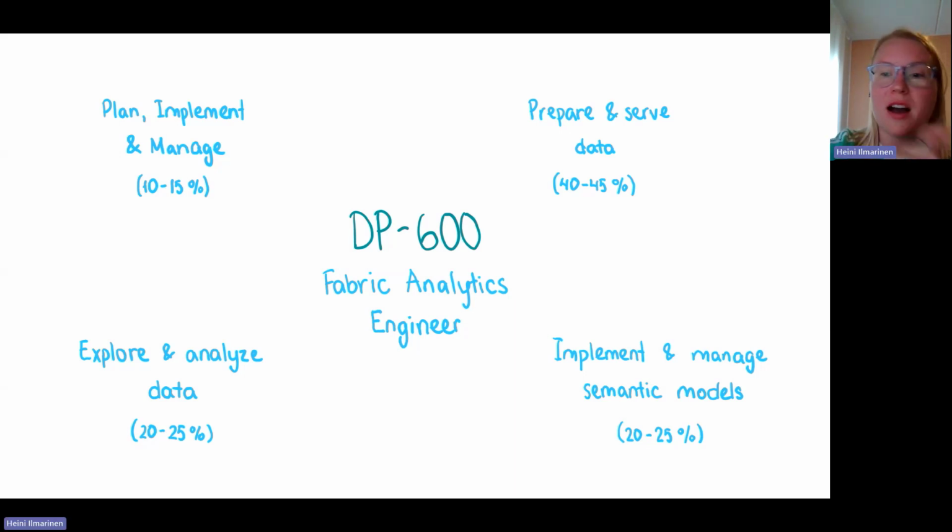So the other important aspect, if we think about these different areas, is how they map to the different components of Fabric. In the plan, implement, and manage area, that is mainly about the Fabric platform itself: how you configure it, how you choose the services you use, and things like that. There's a lot of general knowledge about Fabric that you need to be able to get going.